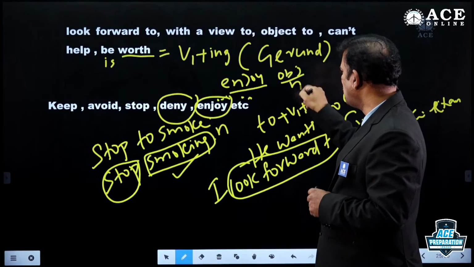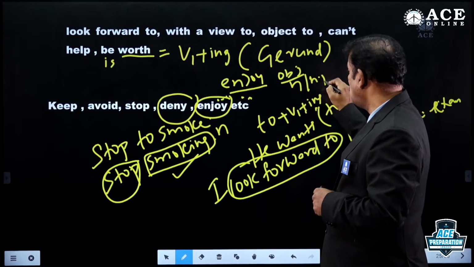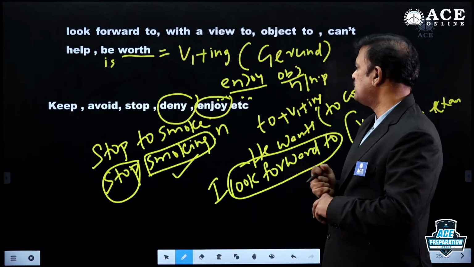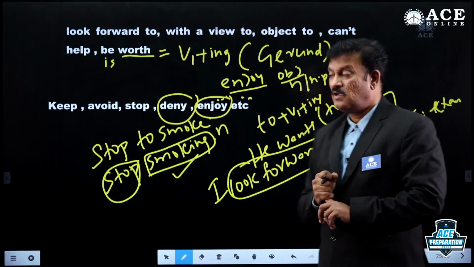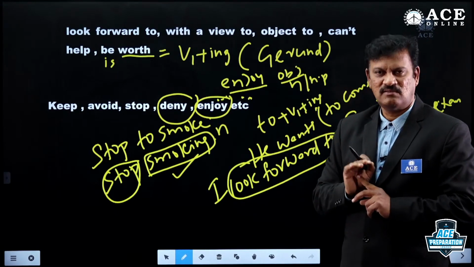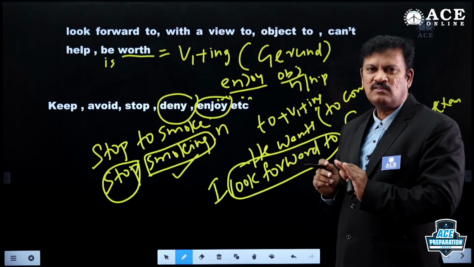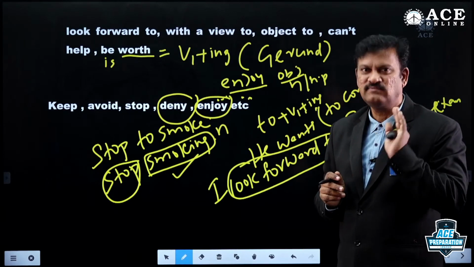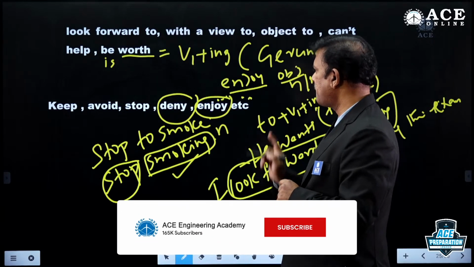That can be simply a noun or noun phrase or this gerund. See this. Enjoy the movie. No problem. Enjoy watching the movie. If you want to use this, enjoy watching it. Or simply enjoy yourself. This is one of the ways it is used.